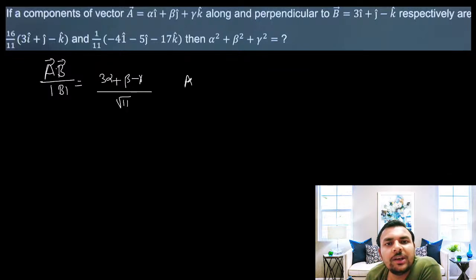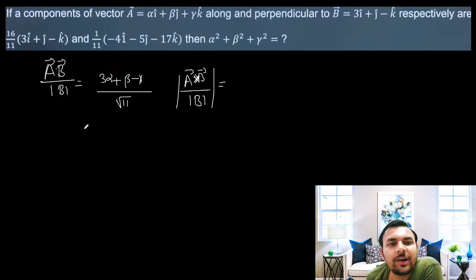Now A vector cross B vector is AB sine theta. So we require A sine theta. So we'll have to divide by mod B vector.